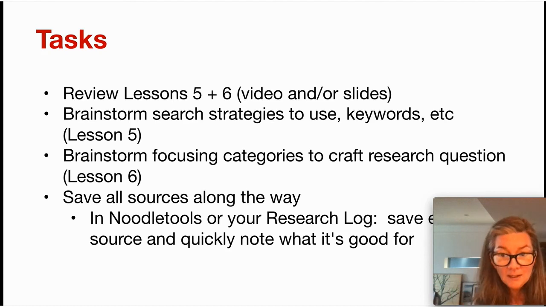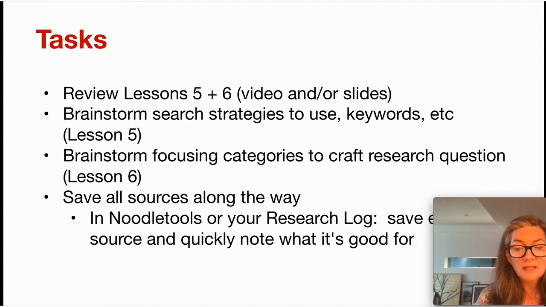Start looking at categories of information. As you start seeing your results, keep track of different categories of information that will help you to narrow down your question. Put your topic through those 5 question words: who, what, where, when, and how, and see what other ideas you generate that can help you with finding more search terms.